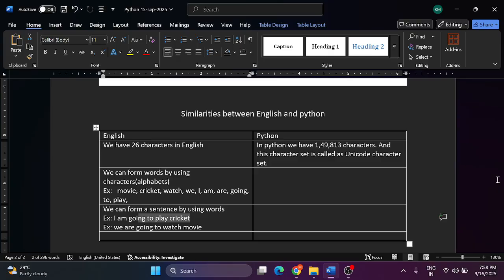To is a word, going is a word, am is a word. What about I? Is it a word or not? Yes, sir. We have to say I is also a word, even though it is a single character. Guys, remember this. In English, sometimes we can use a single character also as a word. Remember this one.